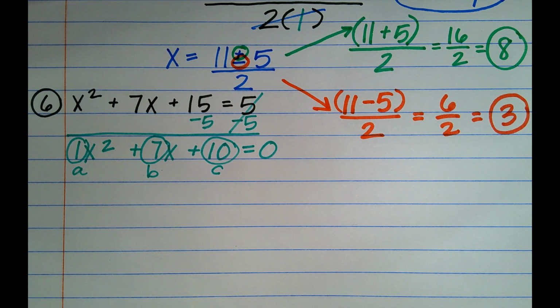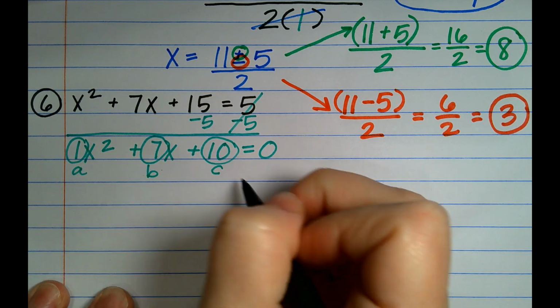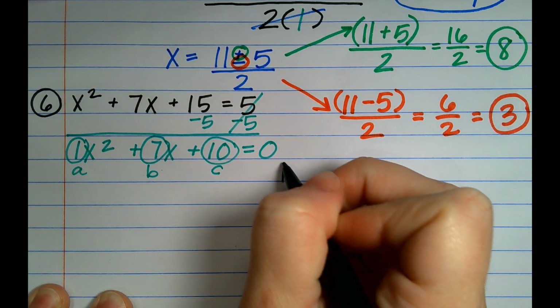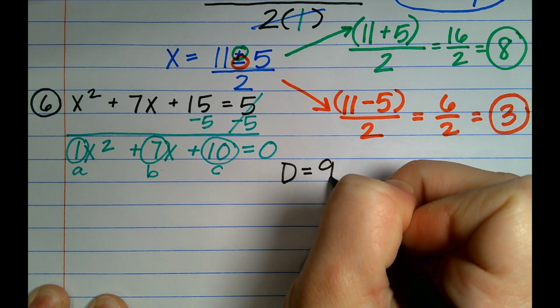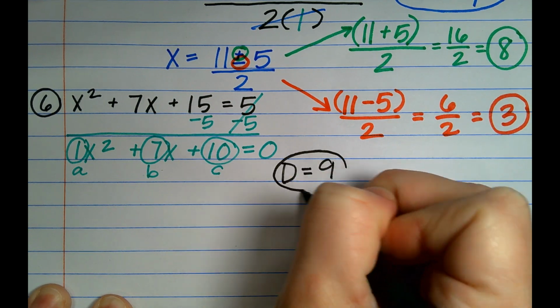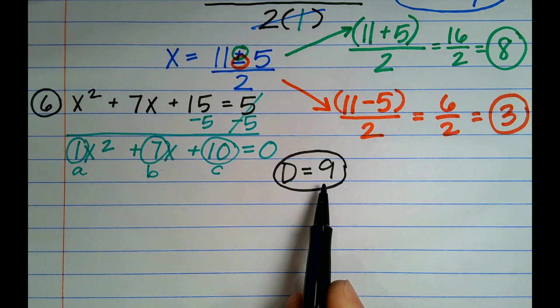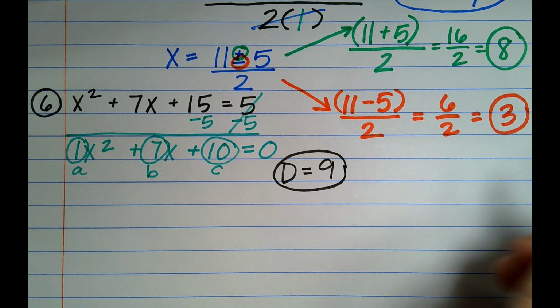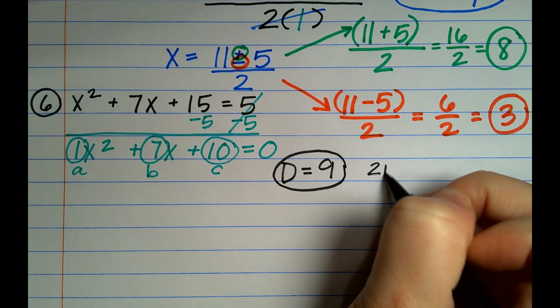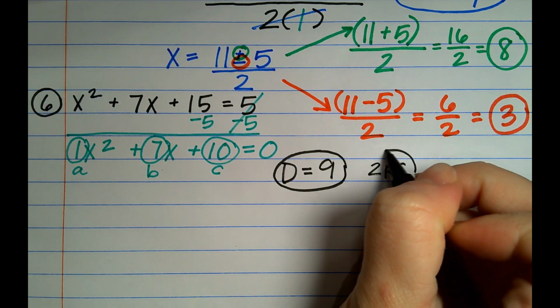Now, when we did number 6 earlier, what was the discriminant we found? 9. The discriminant, b squared minus 4ac, we found that it is 9. And because we got a positive number, how many solutions should there be? 2. 2 real solutions.